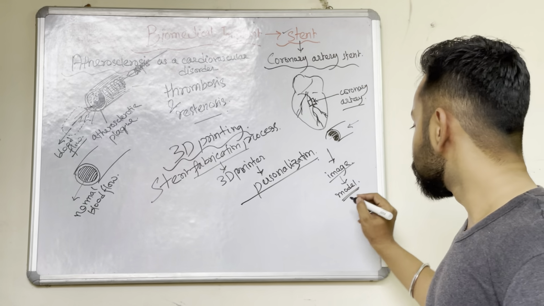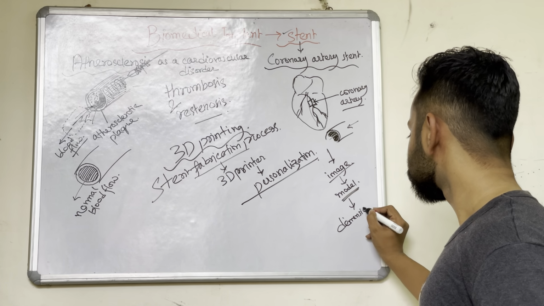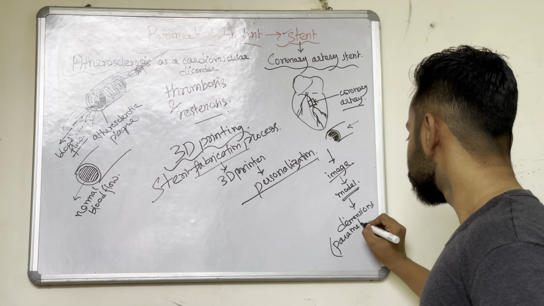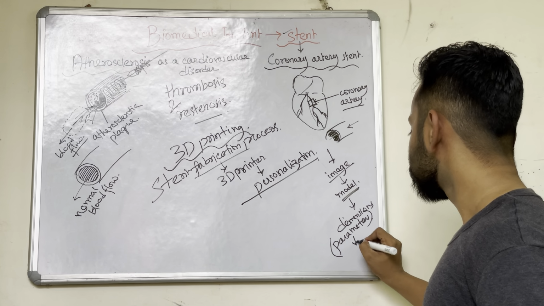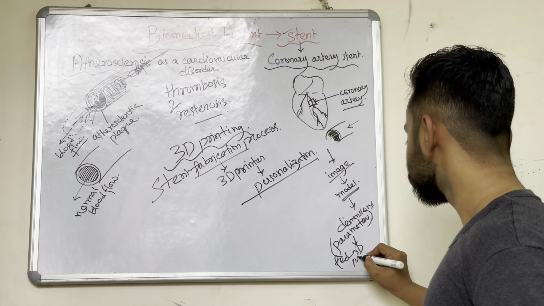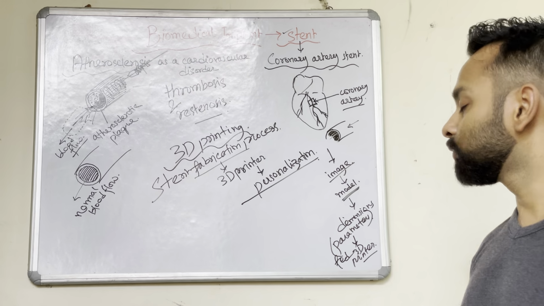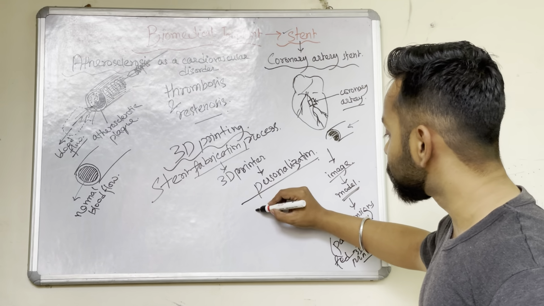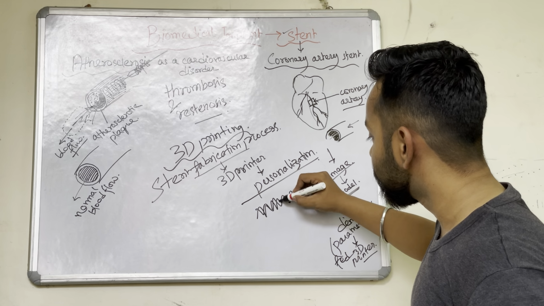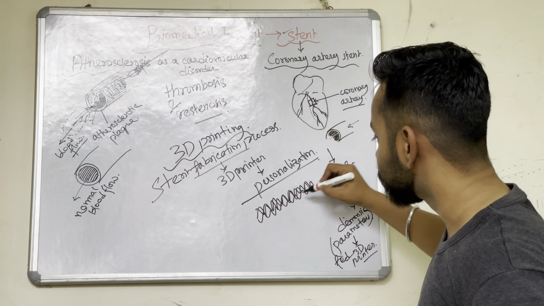From that model, those dimensions or parameters are fed to the 3D printer. After feeding those parameters, the 3D printer will print the stent exactly with the dimensions which were required.